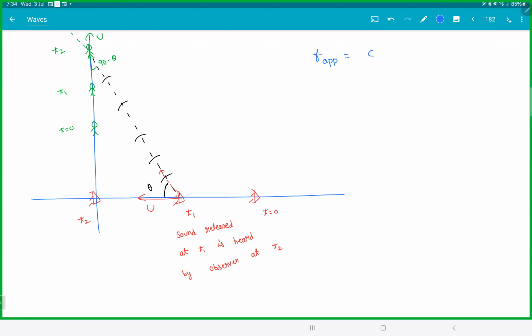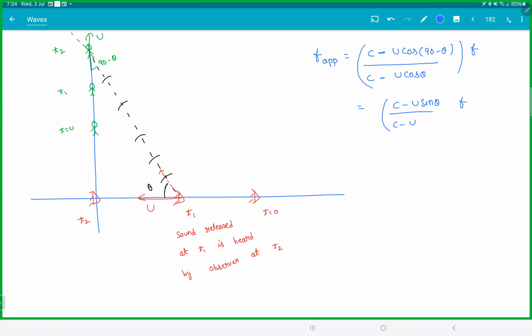The observer is going away and the component of velocity going away is u cos(90 minus theta), while the source is coming towards you. So the frequency should increase: c minus u sin theta by c minus u cos theta, into f.